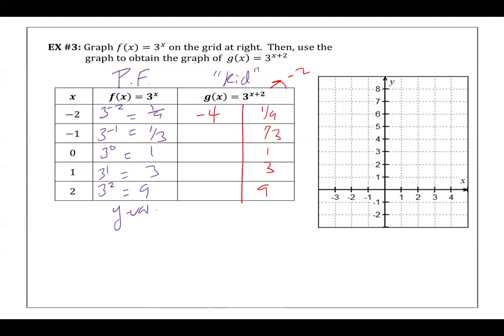Negative 1 minus 2 puts us at negative 3. 0 minus 2 puts us at negative 2, and then 1 minus 2 puts us at negative 1, and 2 minus 2 puts us at 0. So these are now my new x's, and my y's are still the same. Does that make sense?